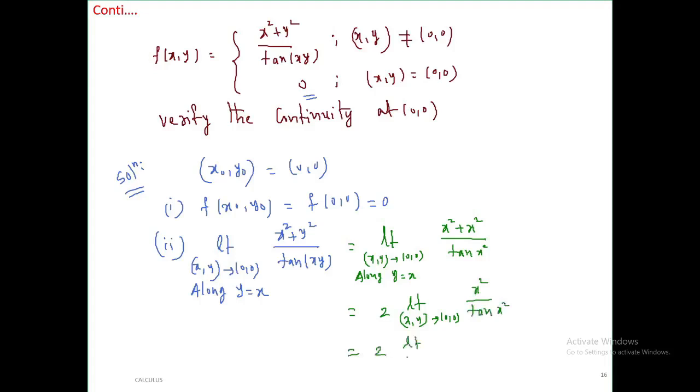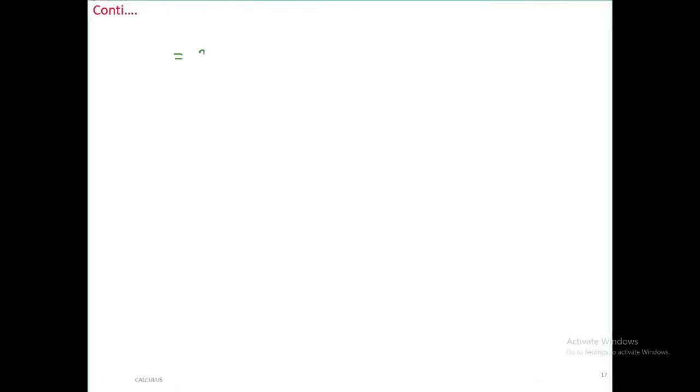So the limit as (x, y) reaches the origin, and this I can write as 1 by tan x square by x square. So this will be 2 into 1 by the limit as (x, y) reaches the origin (0, 0) of tan x square divided by x square.